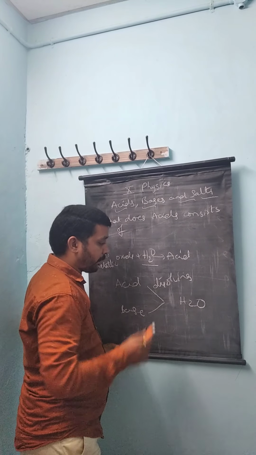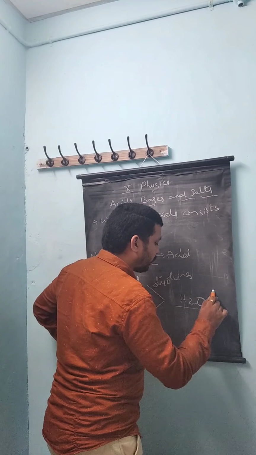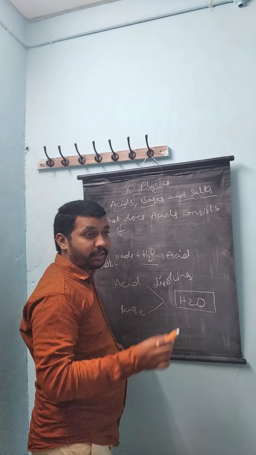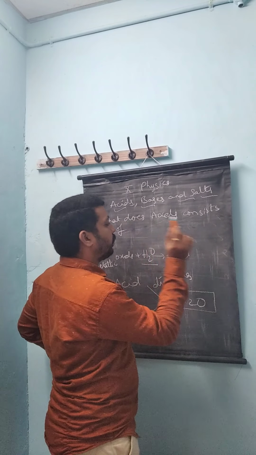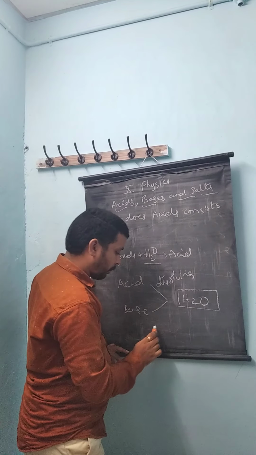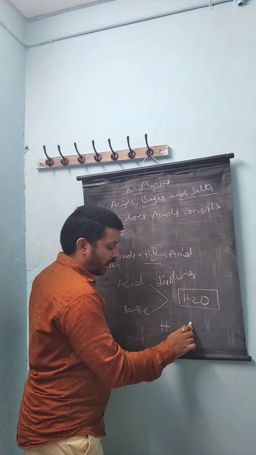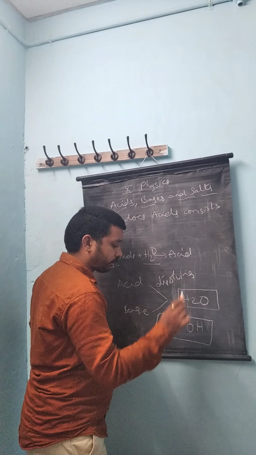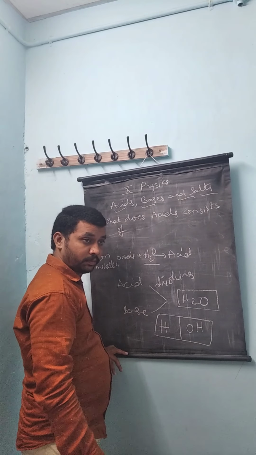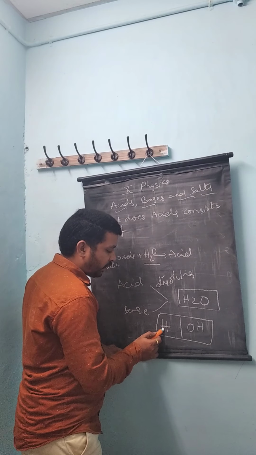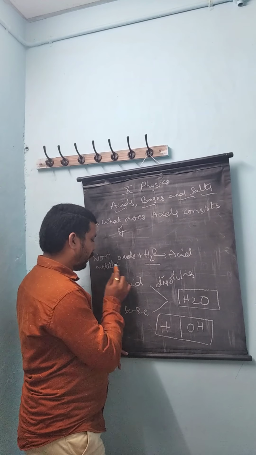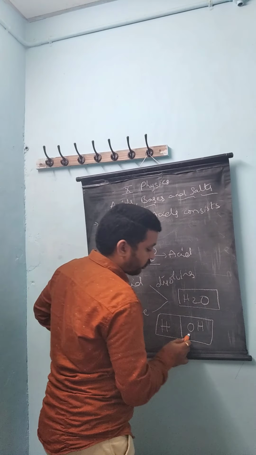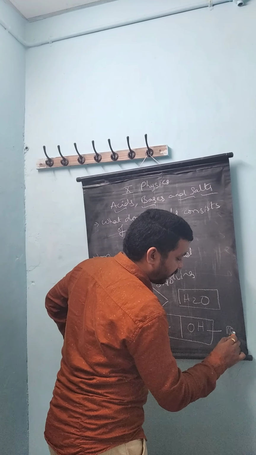Here the water molecule is decomposed, meaning divided into two components. What are those two components? Hydrogen and OH. The combination of hydrogen with a non-metal forms acid, and hydroxide forms base.